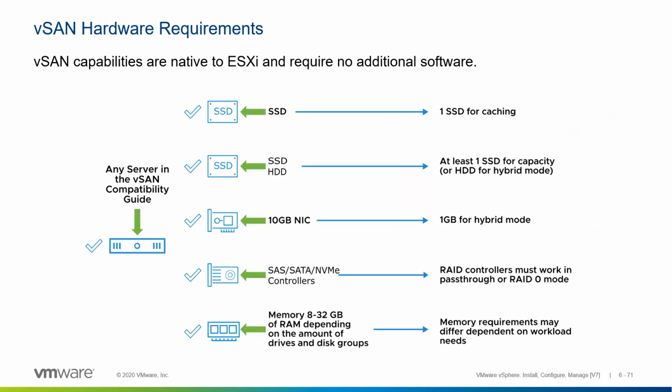So one SSD for caching, at least one SSD for capacity or hard disk for hybrid mode. A 10 gigabit NIC is needed. Hybrid mode can run on 1 gig, but it really needs 10 gig or faster to function well.